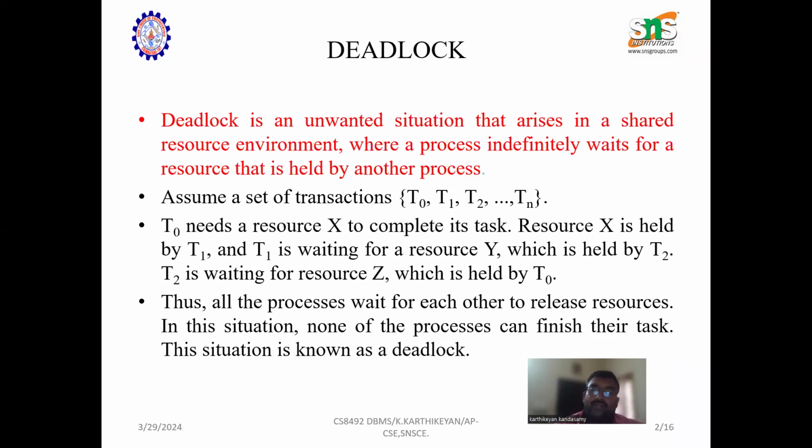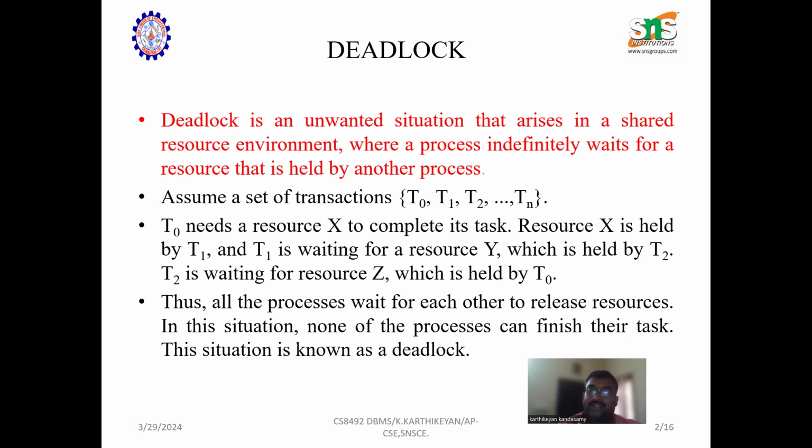A deadlock is an unwanted situation that arises in a shared resources environment where a process indefinitely waits for a resource that is held by another process. Assume transactions T0, T1, T2 out of a number of transactions. T0 needs resource X to complete its task.